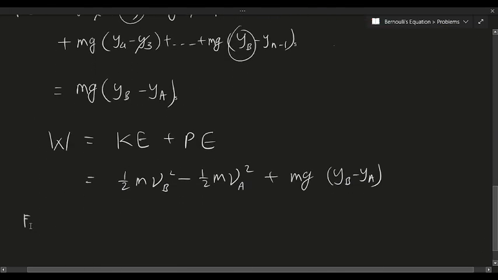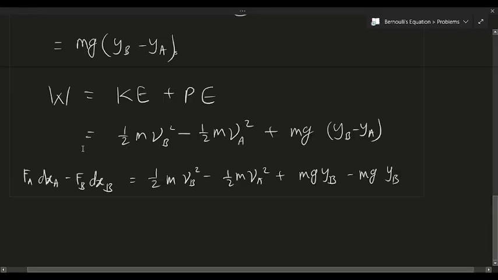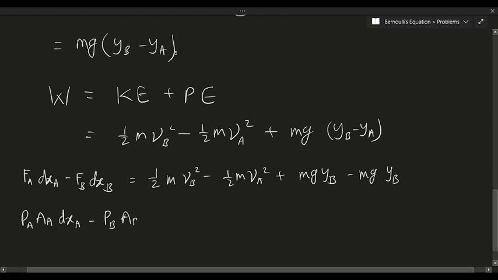So we have Fa dxa minus Fb dxb equal to that. Now the force Fa at the end A of the pipe may be written as pressure multiplied by the area of cross section of the pipe, and then dxa, minus the force Fb, which is the pressure at end B into the area of cross section at end B, then dxb.